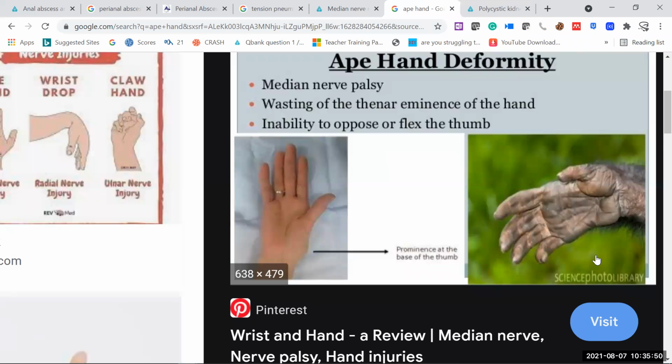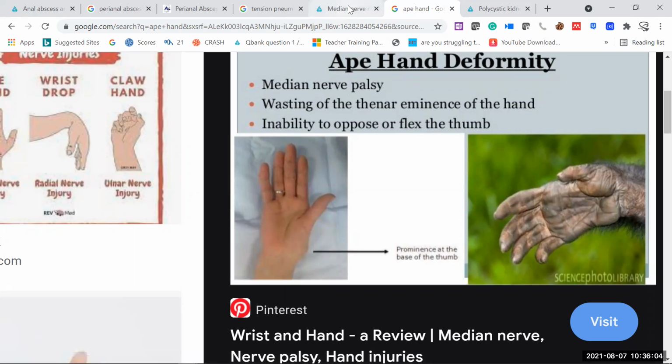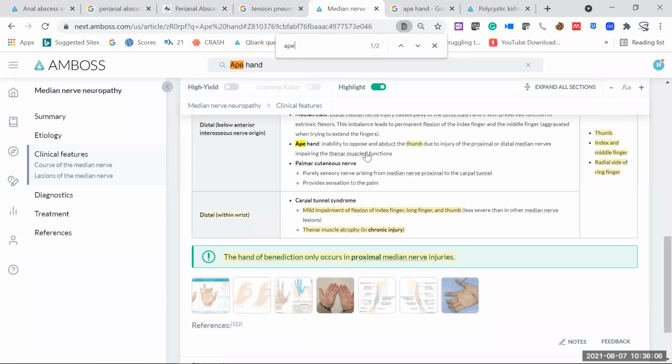If you can just appreciate that the monkey is one of our primates, belonging to the human species as well. So this is an ape hand and this is a human hand. The human hand is going to look like this ape one, and why is that so? Because of damage to the median nerve. And what is seen here? Inability to oppose and abduct the thumb, because the median nerve supplies the lateral 3.5 fingers of our hand, the motor distribution.